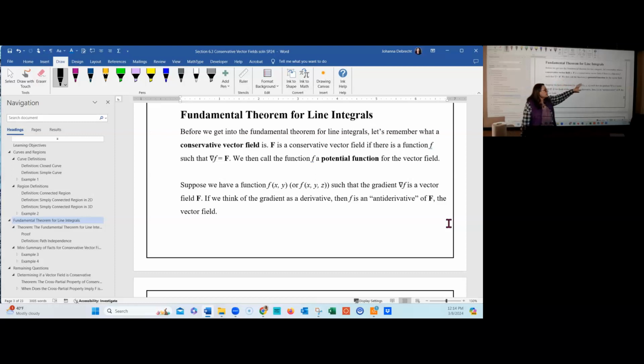In other words, we take the partial derivatives of our scalar valued function, and the partial with respect to x becomes the first component, the partial with respect to y becomes the second component, and if it's in 3 dimensions, the partial with respect to z becomes the third component. Remember, this is what we mean by the gradient of f.